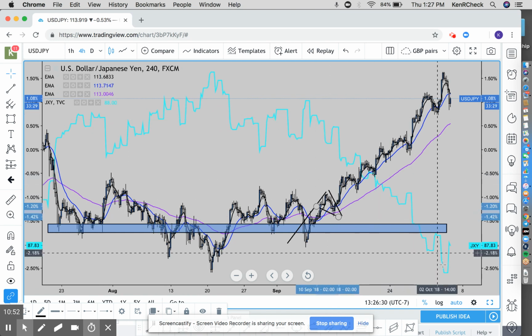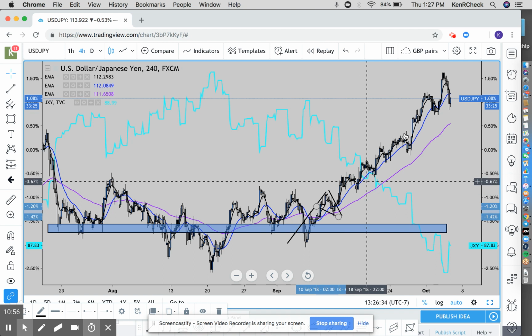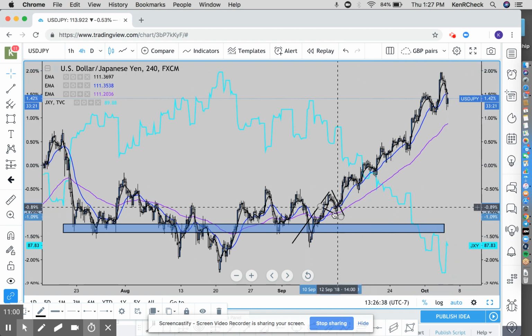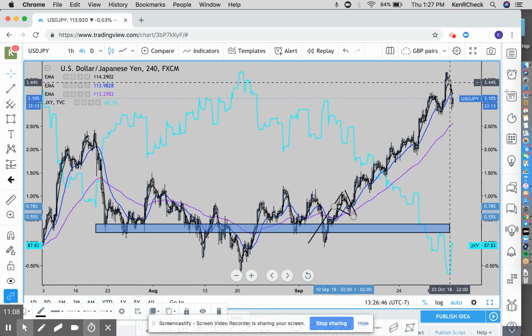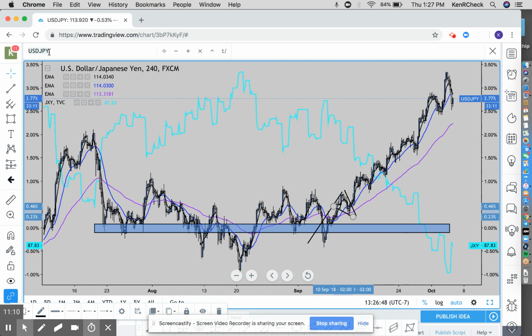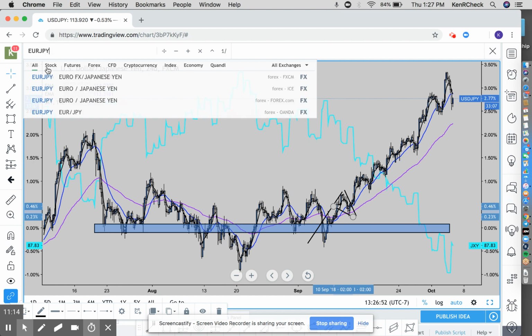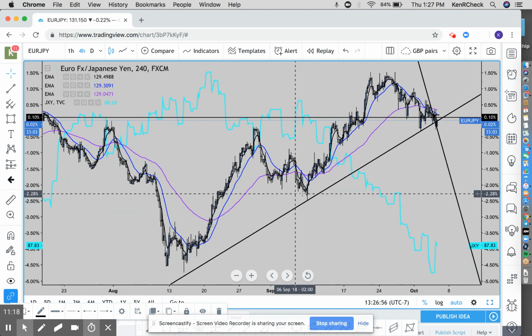The yen pairs have lost. The US dollar is beginning to gain strength, and it's going to keep going up as well. Because why? The candles are above the moving average. And then you can look at EJ. Mostly all these yen pairs do the exact same thing. So you can see what it's done.